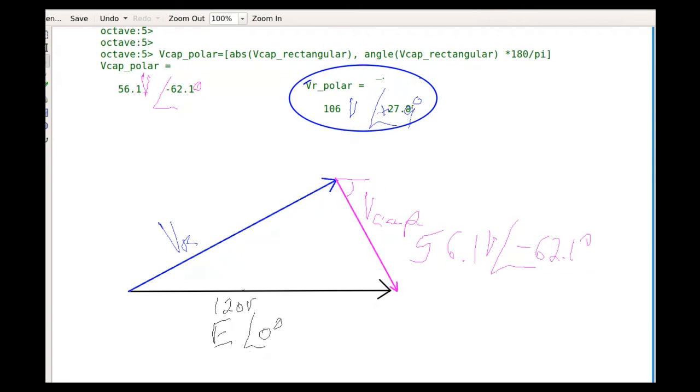And then the angle of 27.9 is right here. So VR is going up in this direction, and VC is coming back down. It's a negative direction, so it's coming back down.